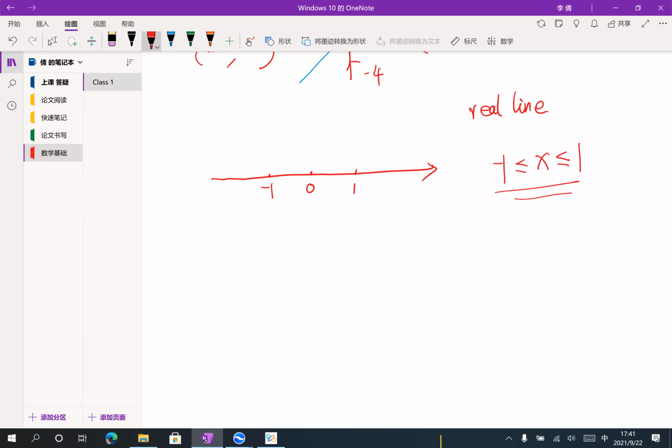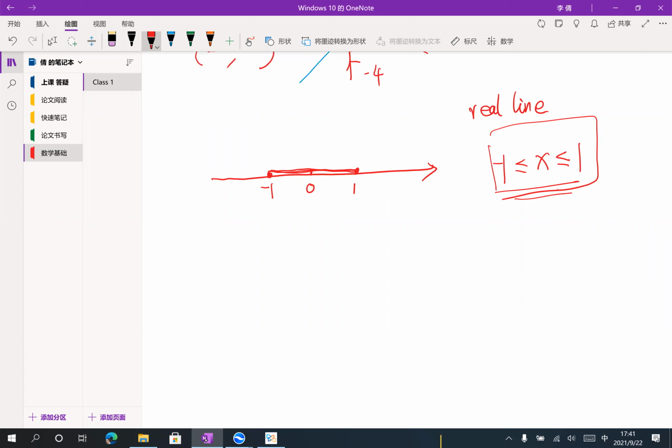All the numbers between these 2 points are the solution for this inequality, right? So we draw a line between these. This is the inequality on the real line.